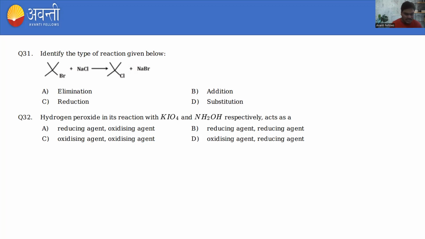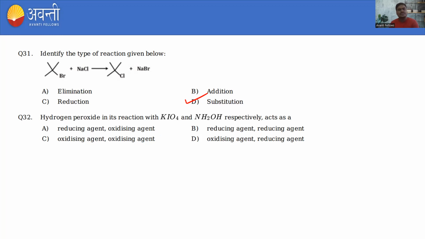So this is a very simple substitution reaction, like when KCl or NaCl, one halogen replaces another halogen, Br. So this type of reaction is known as a substitution reaction, right? Because one Br is replaced by Cl. So I hope this is clear to you.